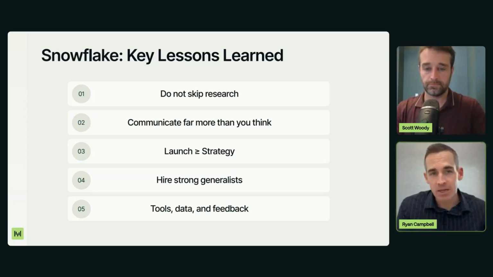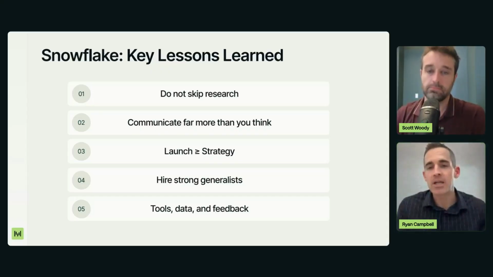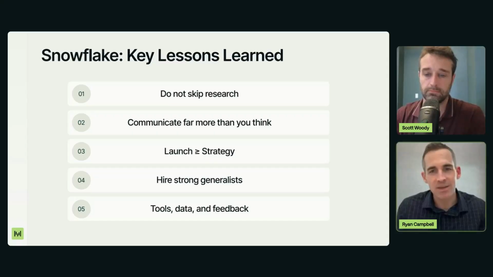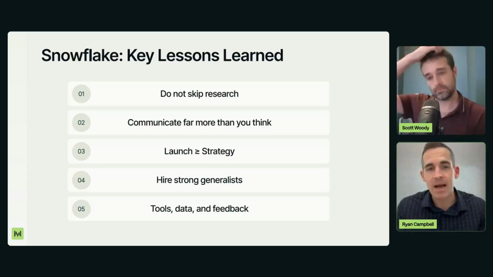From a talent perspective, I would encourage you to hire strong generalists. I find that pricing is a gateway to help solve business problems, right? And you want people at the table who are perceived as people who can help get stuff done, who can help solve hard problems. Pricing is just one area that can be helpful.